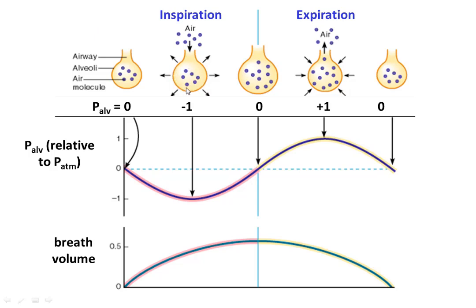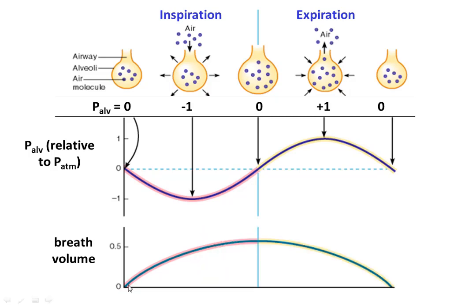Because of the increase in volume, the pressure inside the alveoli decreases to -1 millimeter of mercury, -1 centimeter of water. So now a pressure gradient is established between the atmosphere and the alveoli, and air gets in. More molecules of air move in and keep on moving till the pressure is back to 0.